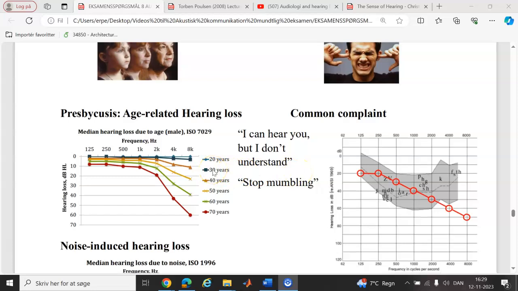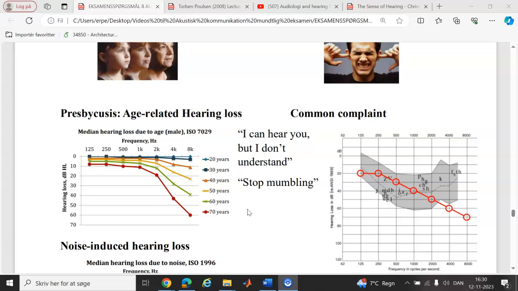Age-related hearing loss. Again, we have an audiogram. Normal hearing, 20 years old, almost no hearing loss from 125 Hz to 8 kHz. When you are getting older, especially for high frequencies, the hearing loss increases, or gets worse. Common complaint: I can hear you, but I don't understand.